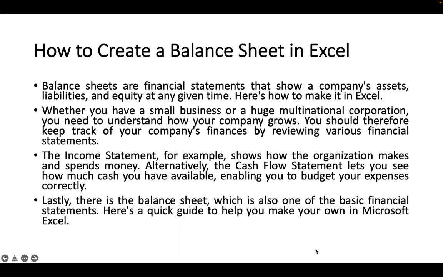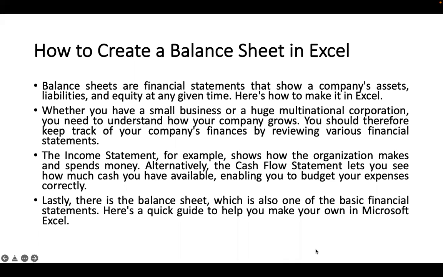The income statement, which we discussed yesterday, for example, shows how the organization makes and spends money. What does the income statement show? It shows us how the money has been spent by the organization and how the company is making money.